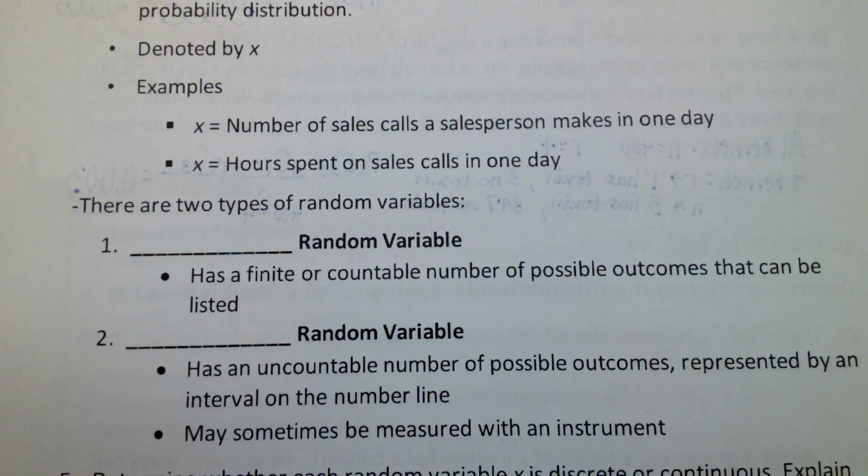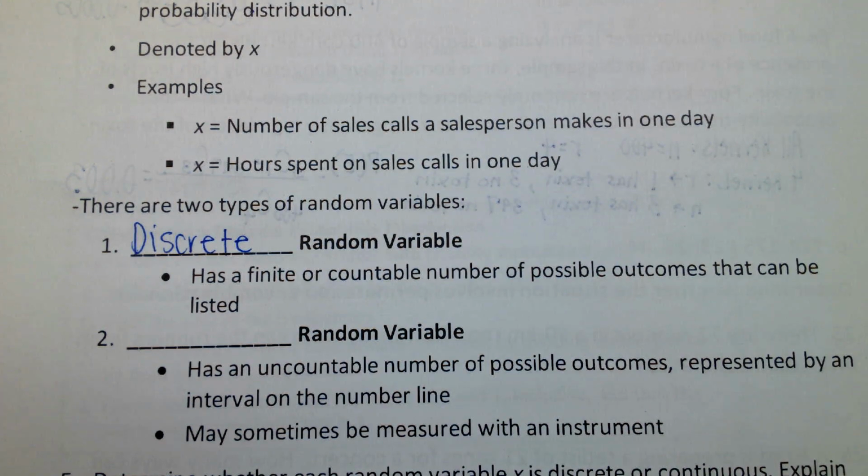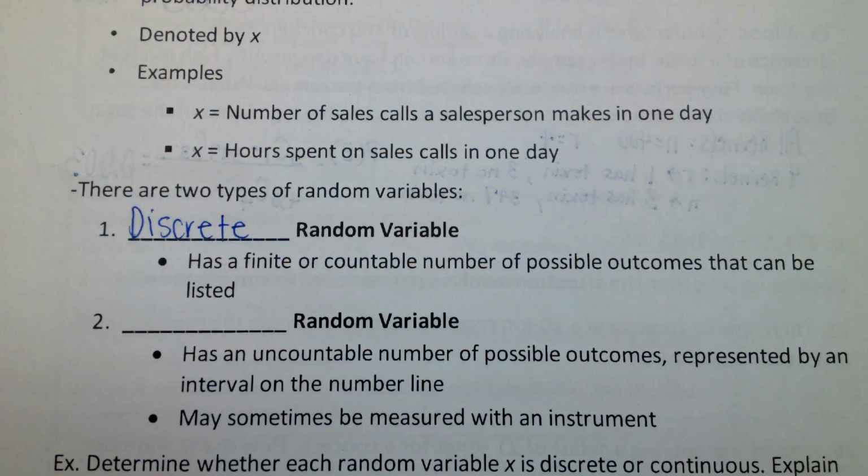The first is discrete. A discrete random variable has a finite or countable number of possible outcomes that could be listed. Finite just means that there's a maximum, and normally it's natural. Like for a set of dice, you only have 6 sides.